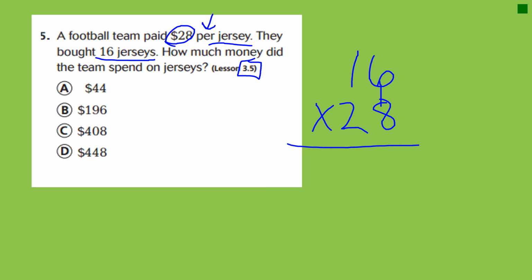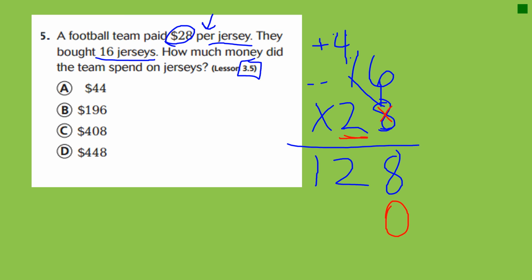Okay? 8 times 6. I know 8 times 5 is 40. One more set of 8 is 48. Right? And then we go from the 1s to the 10s. 8 times 1 is 8, plus this 4 up here, 9, 10, 11, 12. Okay? Nowhere to regroup, so I'm writing 12. Now don't forget, goodbye in 1's place. We're finished with you, so we're putting a placeholder in the 1s.